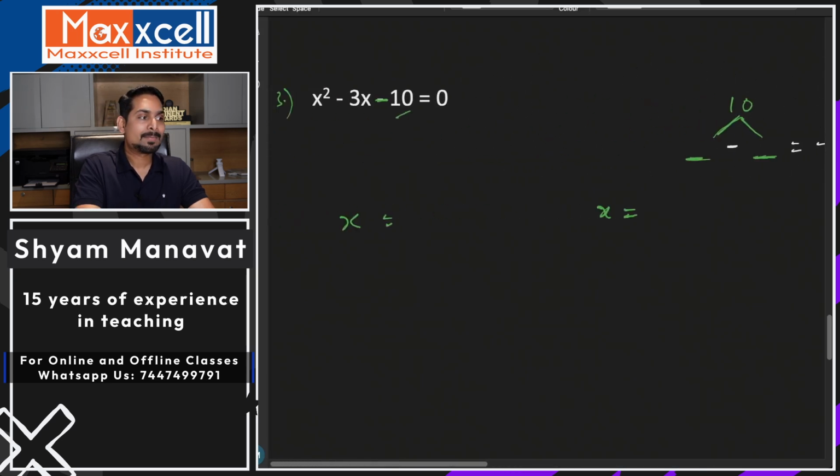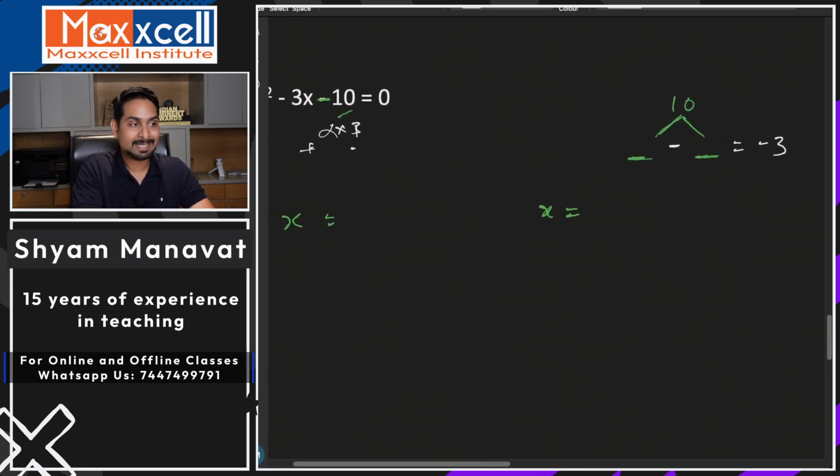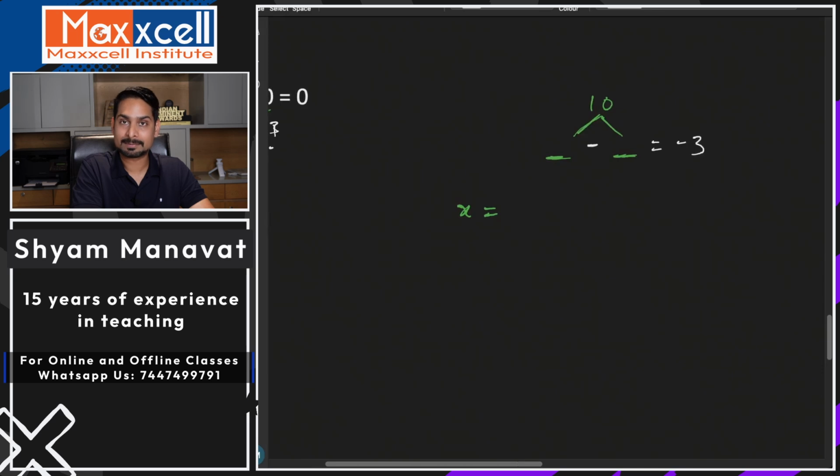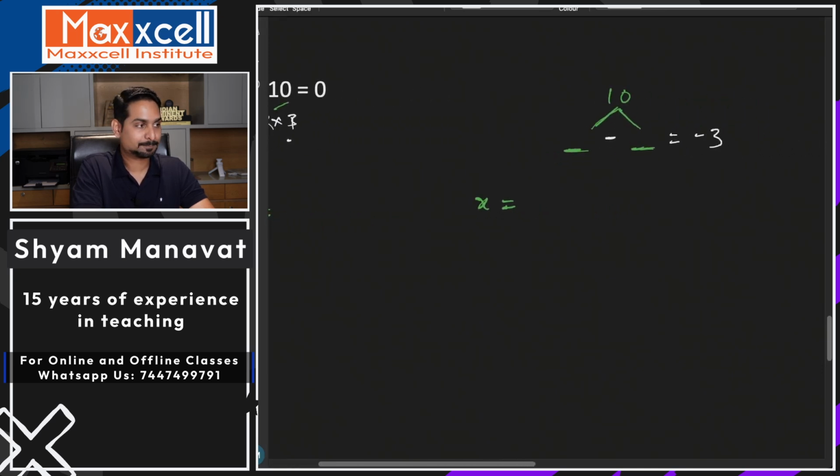Keep in mind, here the product is negative, which means the product of the two numbers is negative, so one of them has to be positive and the other has to be negative. If we got different signs, it should come with the subtraction.